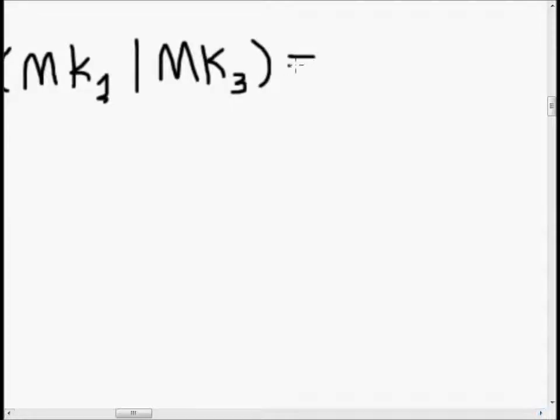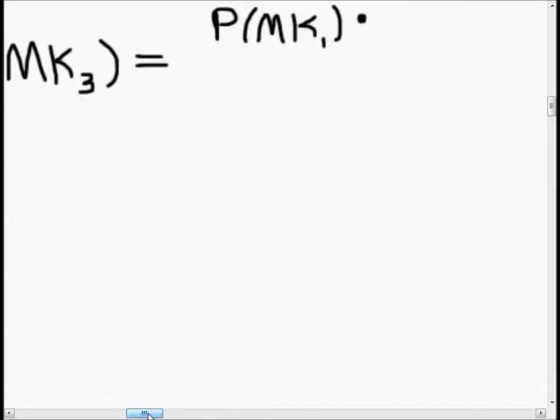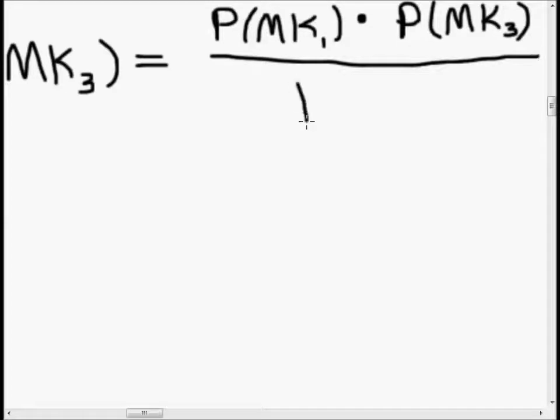And so this is going to be the probability that he makes the first shot times the probability that he made his third shot, over, and I'm not going to call this probability B, I'm going to call this the probability of making any shot.